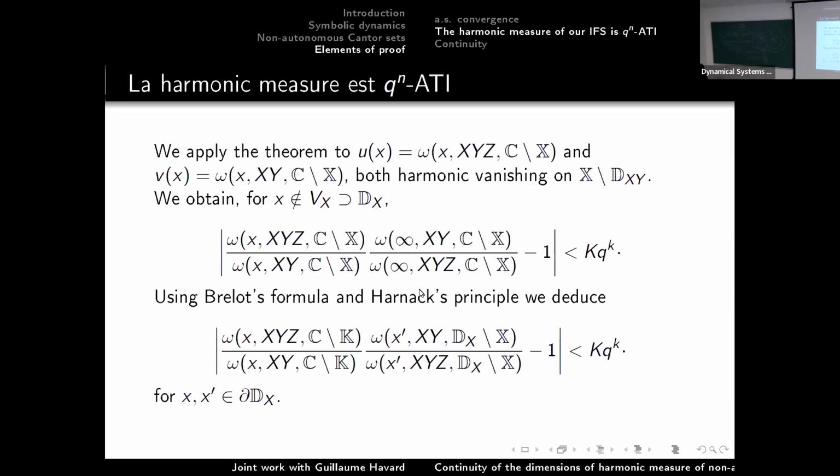For this to hold, is it important that the images of your contractions do not intersect? Yes. But even if they intersect, if you're away from the boundary, one generation after, you get things that do not intersect.